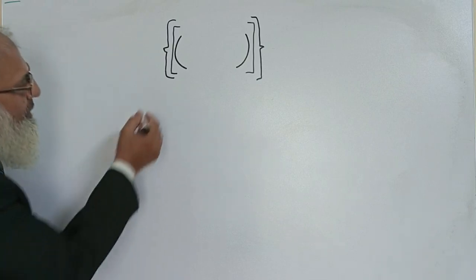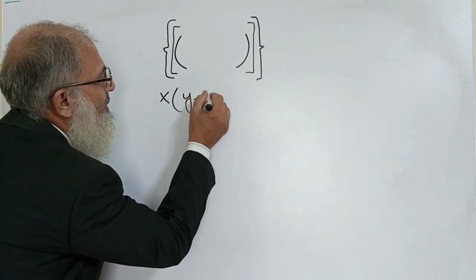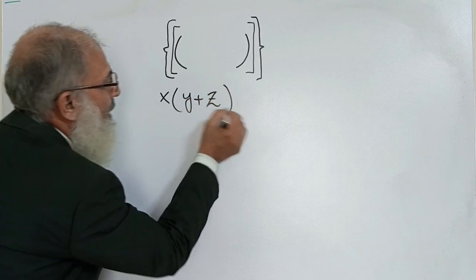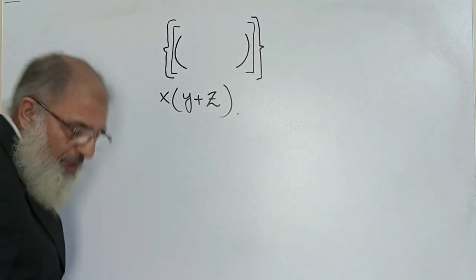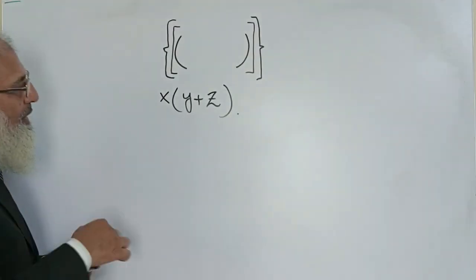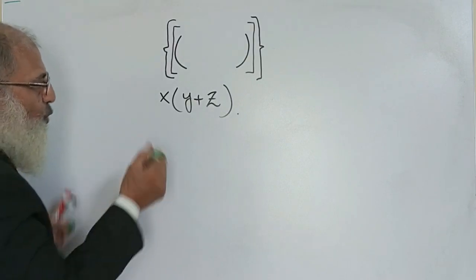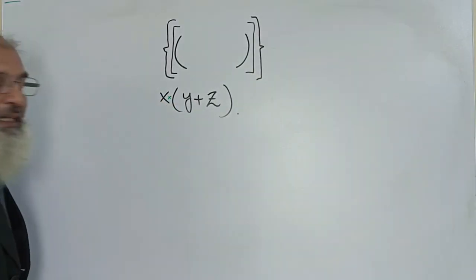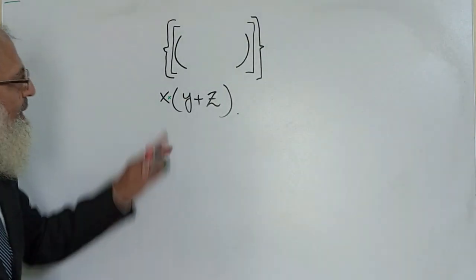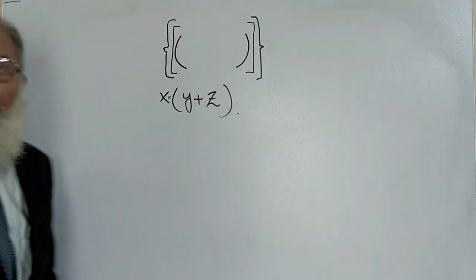Suppose it is written x(y plus z). Now you see that there is no multiplication sign written between the bracket and what is in the bracket. So you understand that a multiplication sign is always there.